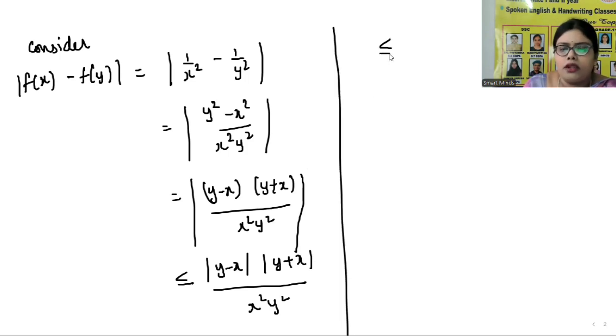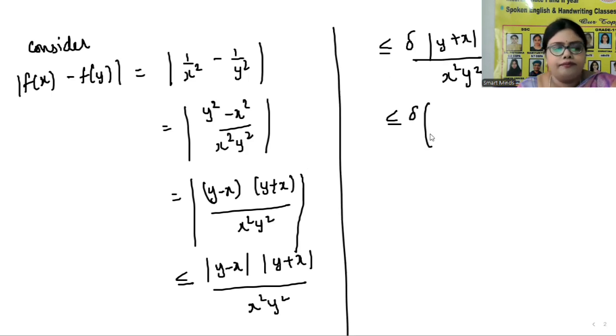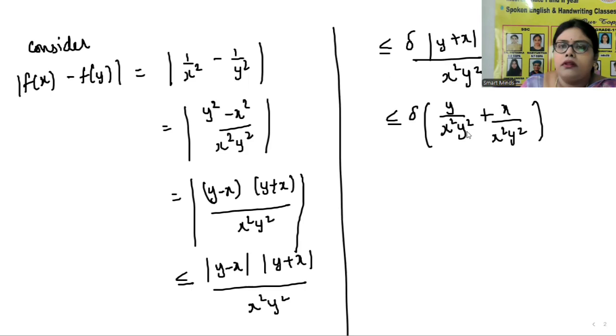This is less than or equal to, now mod y minus x is less than delta. So this is less than or equal to delta mod y plus x by x square y square. Now this is less than or equal to delta into, now we need to separate it. So how to separate y by x square y square plus x by x square y square? Y cancel, x cancel.